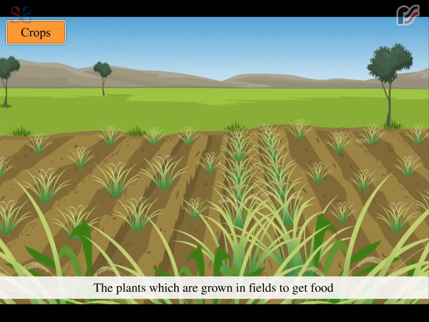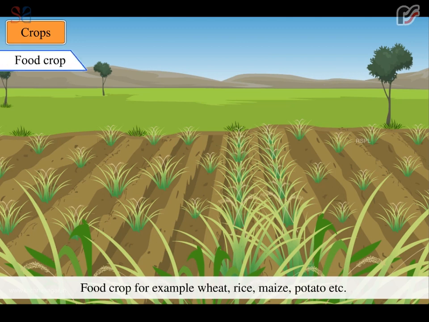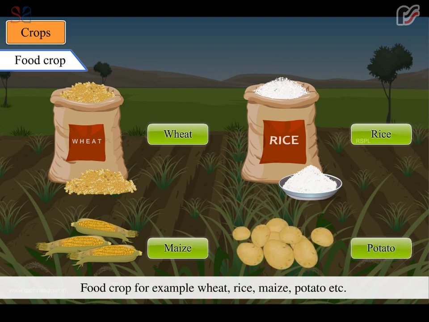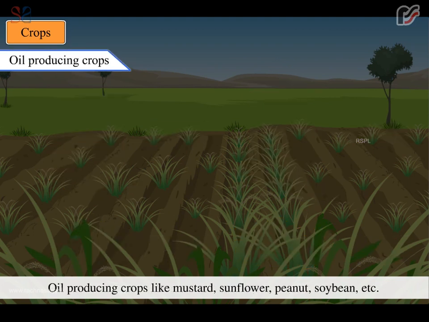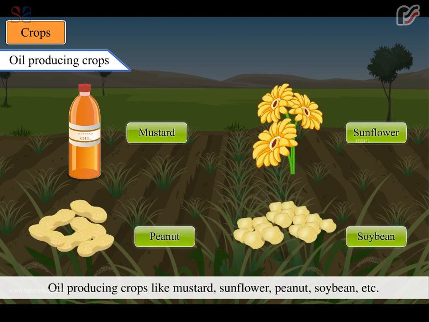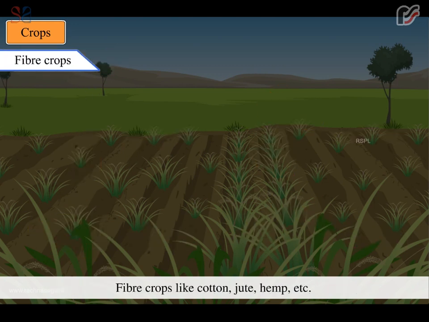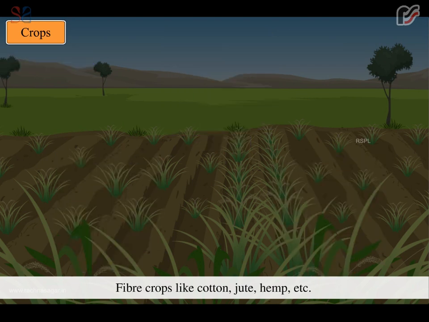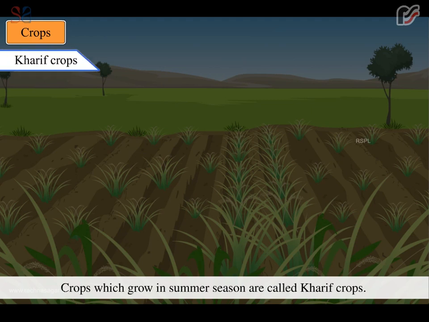The plants which are grown in fields to get food and other useful things are called crops. Crops are of three types. These are food crops, for example, wheat, rice, maize, potato, etc. Oil-producing crops like mustard, sunflower, peanut, soybean, etc. Fiber crops like cotton, jute, hemp, etc. Crops which grow in the summer season are called kharif crops.